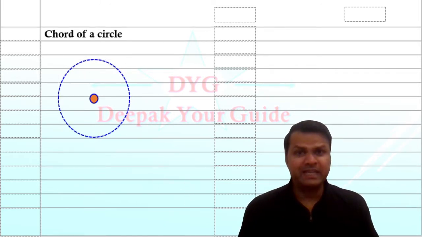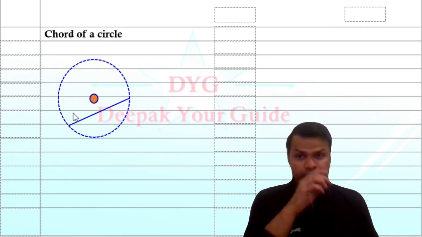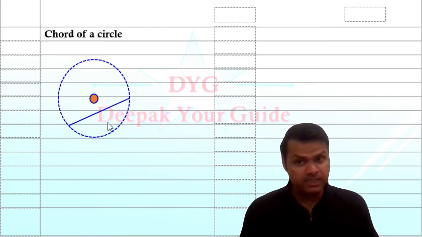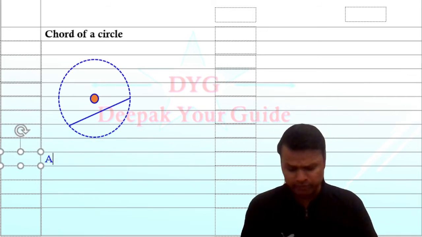Now I can take any 2 points on the circle, and if I join those 2 points, let's say one point is this, and I draw a line and join another point like this, the line which we get is known as a chord. So how do we define it?